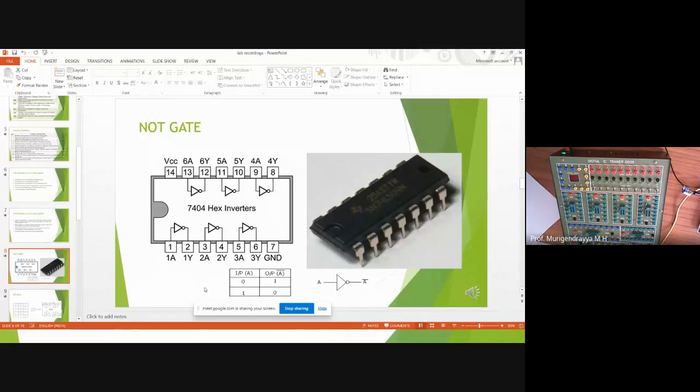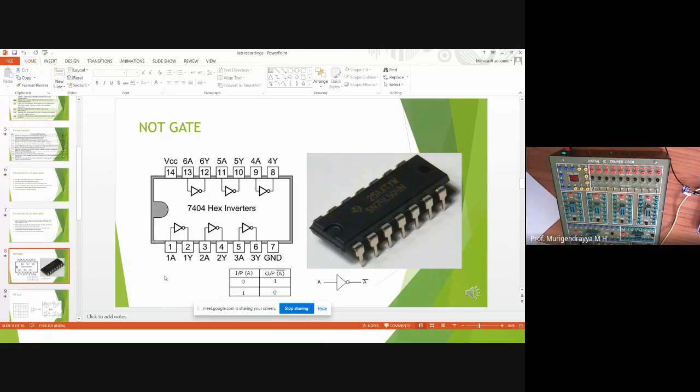See, if you want to use one NOT gate, you can consider this as an input, and this as an output. So if you want to realize this gate, what do you connect for input and what should the output be? Usually inputs are switches, right?